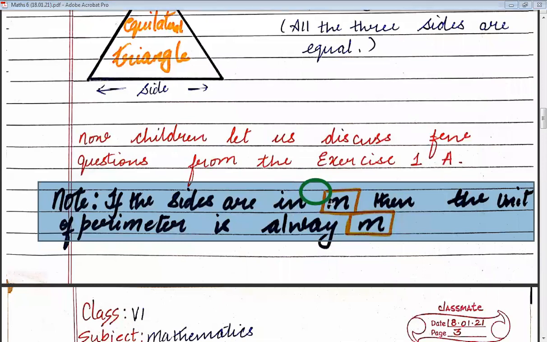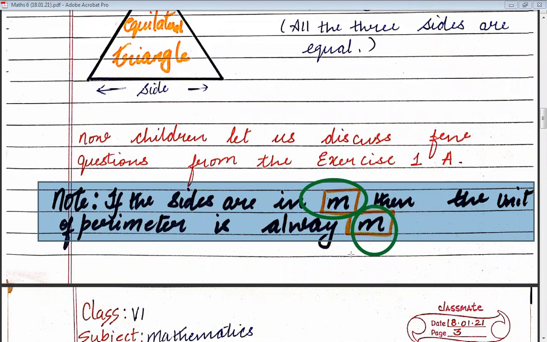Here I am talking about the unit. If all the given sides of a triangle, rectangle, or equilateral triangle are in meters, then your answer of the perimeter is also in meters.